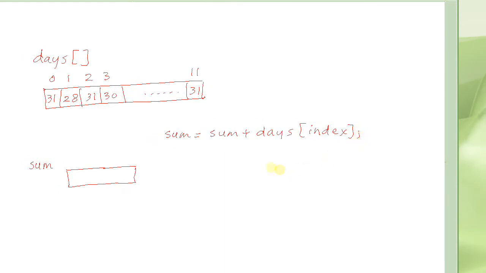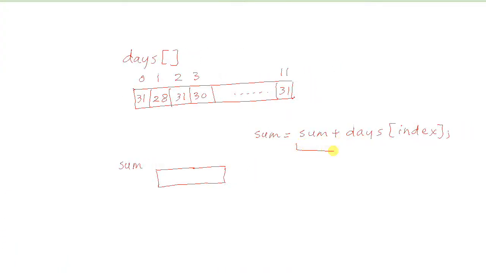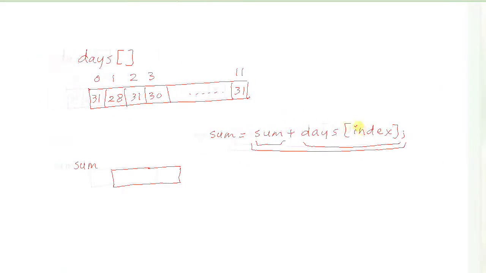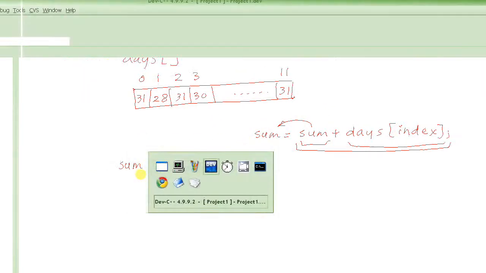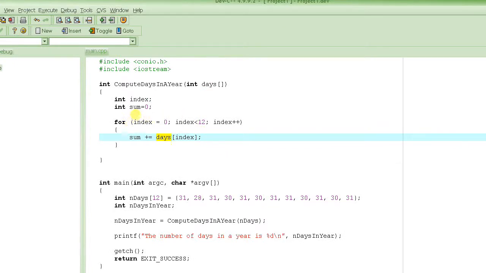What it says is: add the current value of sum to this element, indexed by this variable index, for different values of index, and keep adding them and storing them back into sum so that it can be used for the next iteration of this for loop.